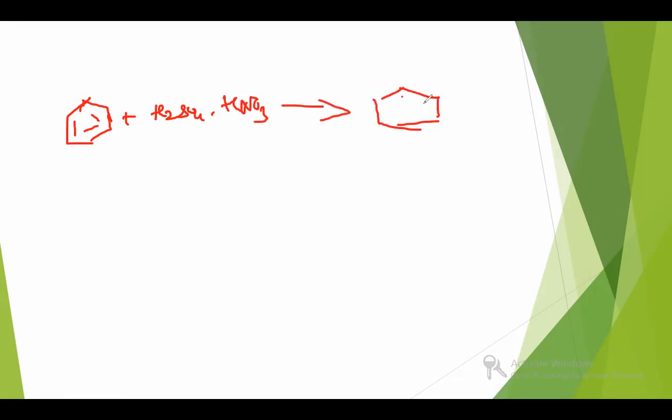C6H6, benzene, treated with a mixture of concentrated H2SO4 and HNO3, gives C6H5NO2. This is the nitration we got. So that is the final equation, and now we'll see the mechanism. First one is generation of electrophile.